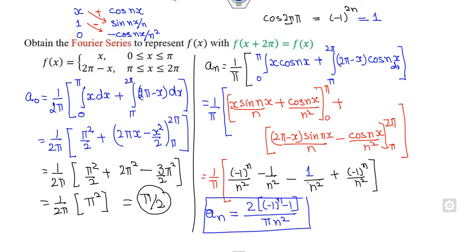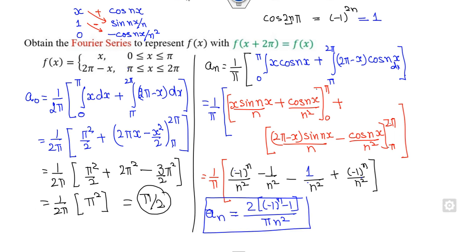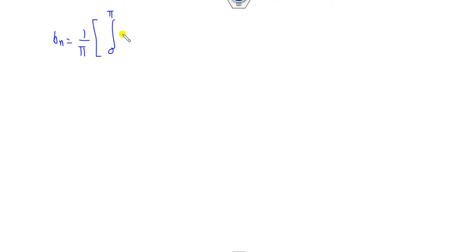Fine. Now I compute the value of the Bn. Bn will be 1 over pi. Again I can break them from 0 to pi of x sin nx, and from pi to 2 pi of (2 pi minus x) sin nx dx.